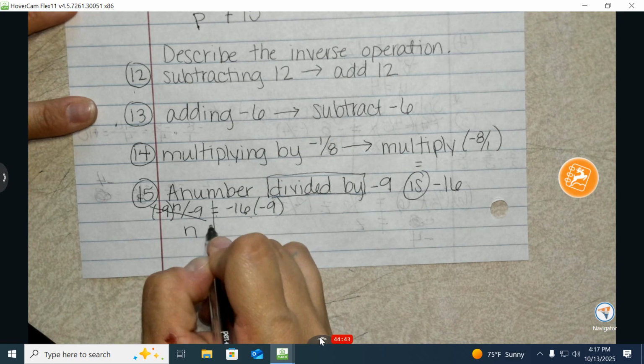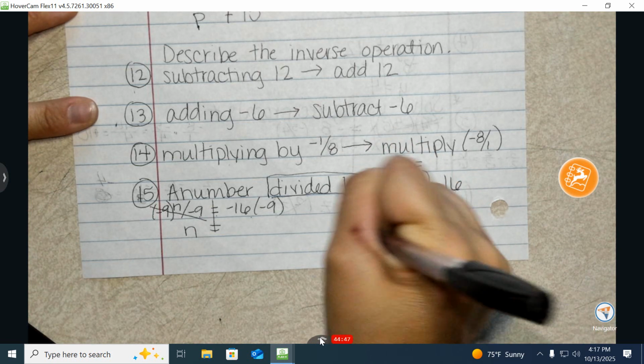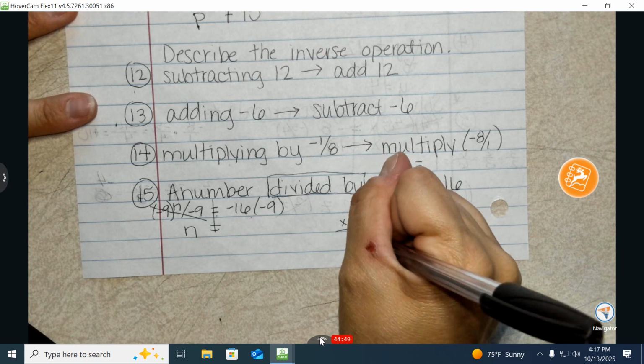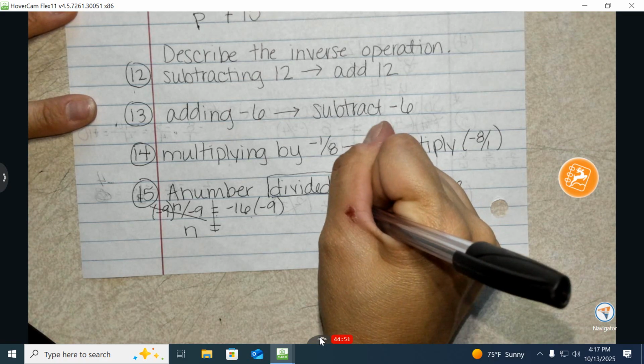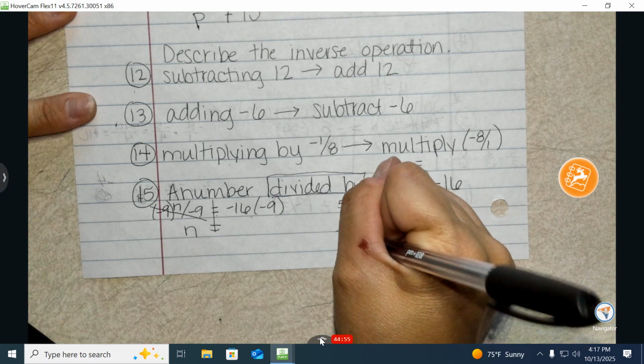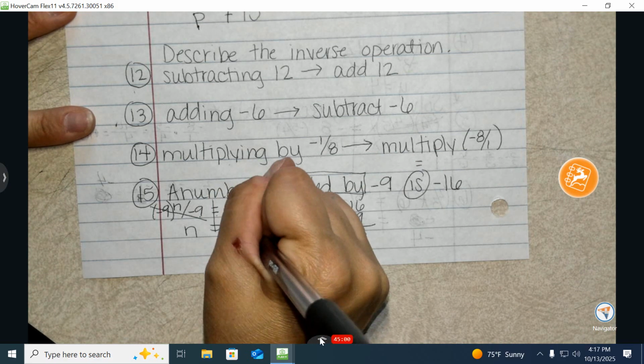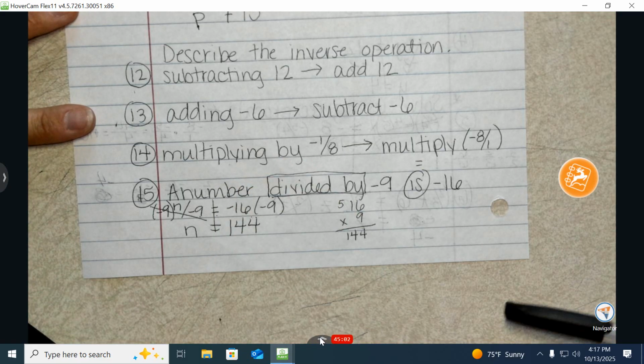You're left with n equals 16 times 9. 9 times 6 is 54. Carry your 5. 9 times 1 is 9, plus 5 is 14. A negative times a negative is a positive. So it's 144.